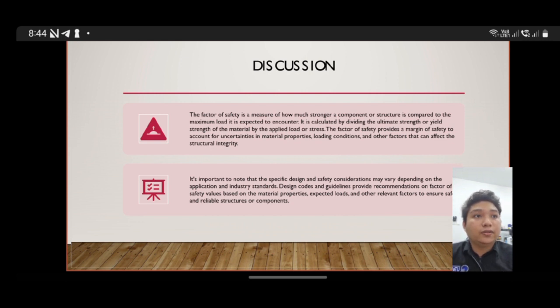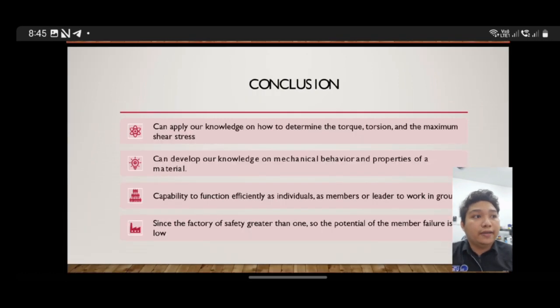It is important to note that the specific design and safety consideration may vary depending on the application and industry standards. The design codes and guidelines provide recommendations on factor of safety values based on the material properties, expected loads, and other relevant factors to ensure safe and reliable structures or components.